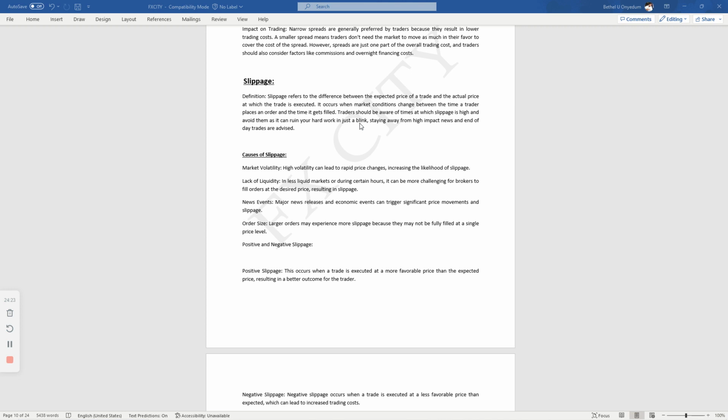High impact news is like NFP, which comes every first Friday of the month, or FOMC, every third or second Wednesday of the month. You need to stay away from trading, especially opening a position a few minutes before NFP or FOMC.